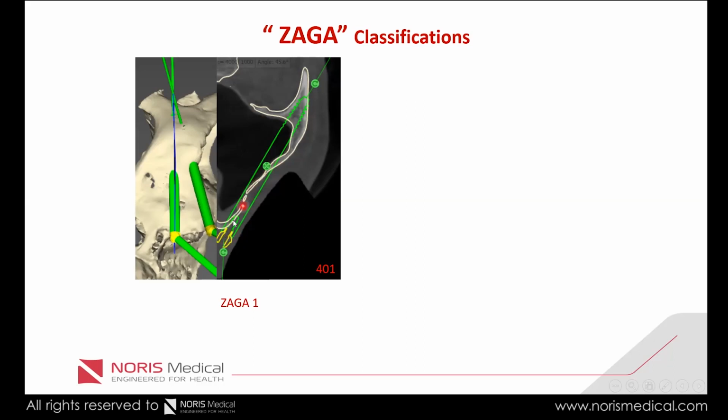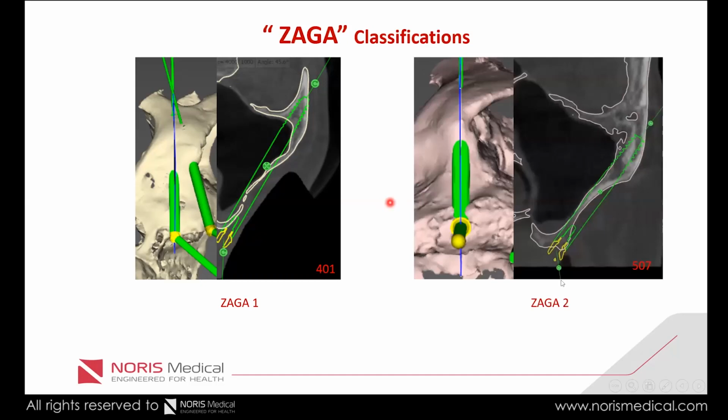That's why I would say it's Zaga 1, but we have no support on the ridge. So it's kind of a combination between Zaga 1 and Zaga 4. If you look at Zaga 2, that would be mostly happening on the posterior implants, and it looks like that. We have the implant anchored in the zygoma bone. We have the implant leaning on the crest and not perforating into the sinus.